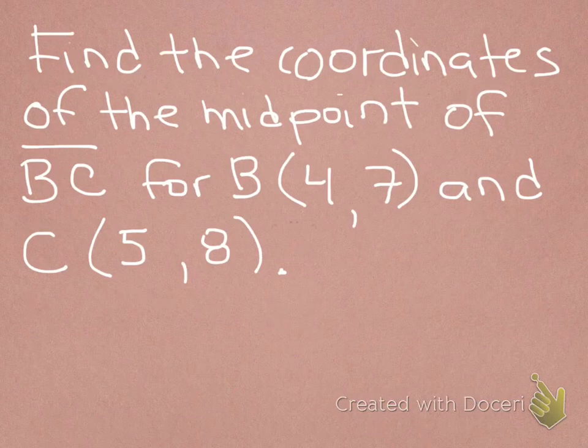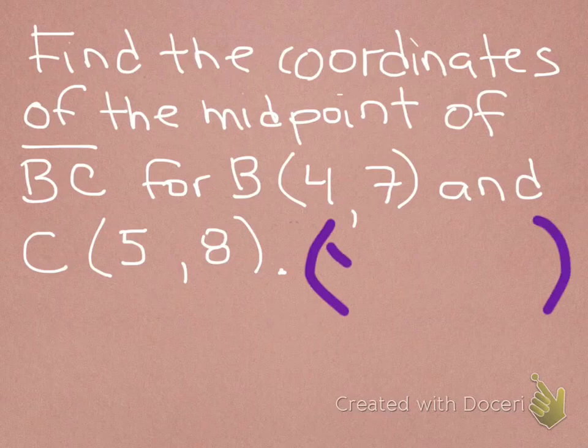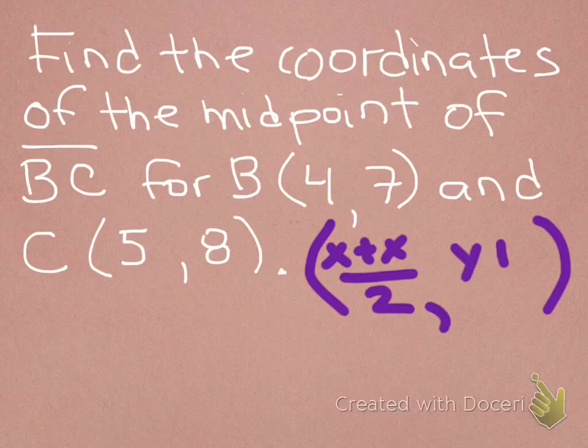Here we're going to work with midpoint and distance. So this one's the coordinates of the midpoint. The midpoint formula is written as a point, but you have x coordinates added up, divided by 2, comma, y coordinates added up, divided by 2.